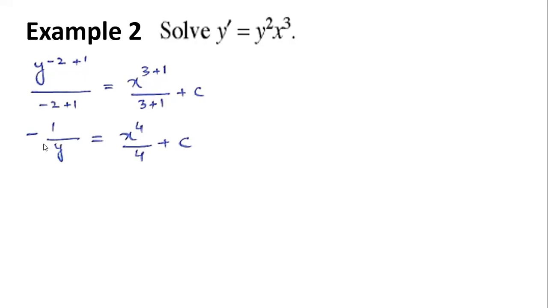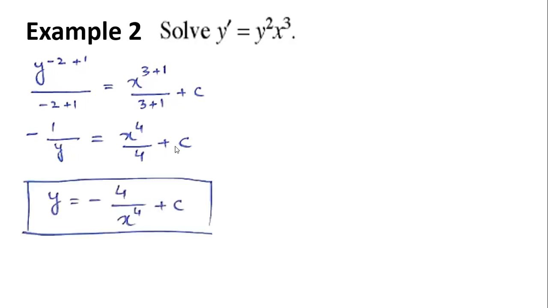When we simplify it further, this minus comes from minus 2 plus 1, which gives minus 1. So I put it as minus 1 upon y is equal to x to the power 4 by 4 plus this c. I want to obtain the solution in the form of y, so we will invert it, and we finally obtain y is equal to minus 4 over x to the power 4 plus c.